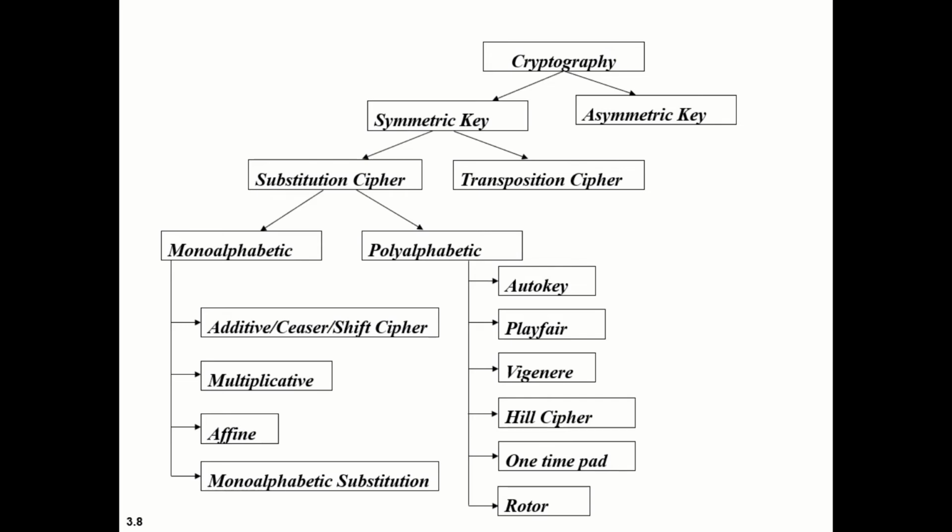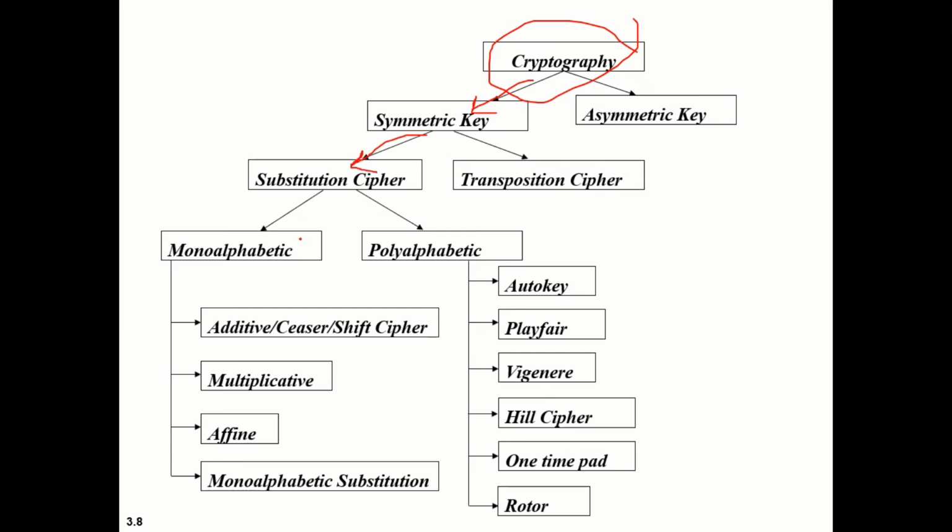Okay, so this is how we are moving. We are just covering a number of techniques. So I thought I should make a chart out of it, so that you can understand how we are moving. Initially we discussed cryptography, and I told you that there are two kinds of techniques: one is symmetric and another is asymmetric. Then we started discussing substitution cipher.